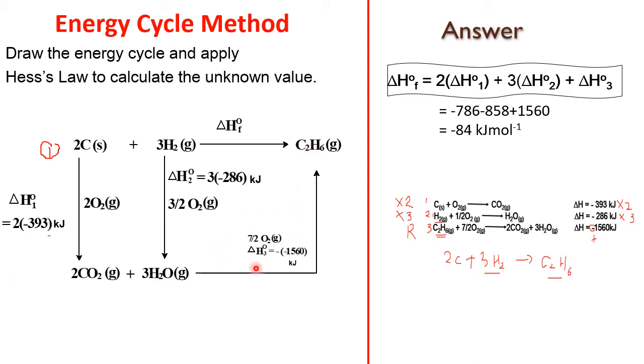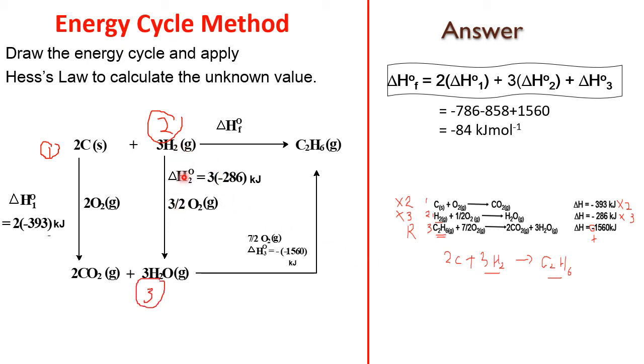Over here there is 7/2 oxygen, meaning that this is reversed. Notice that the whole equation is reversed. Here is the product, and over here is the reactant. And then this one is the second equation, going down. And just now this one is the third equation.